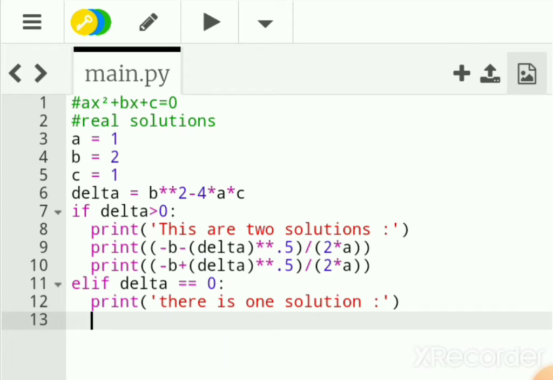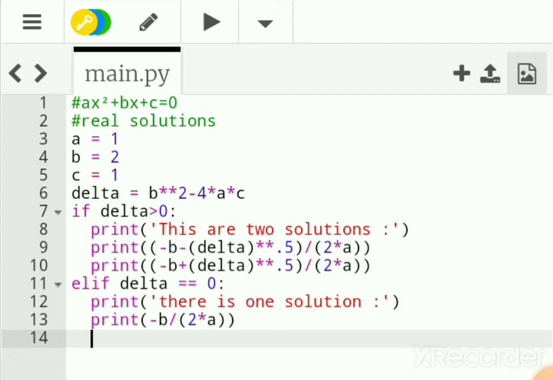And we'll print it: this solution is minus b over 2 times a. So this is our solution.